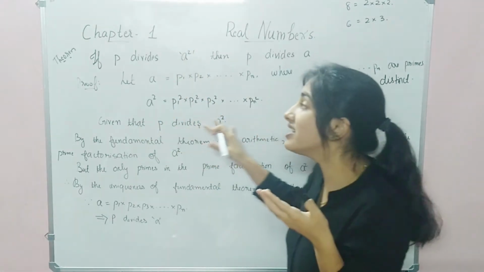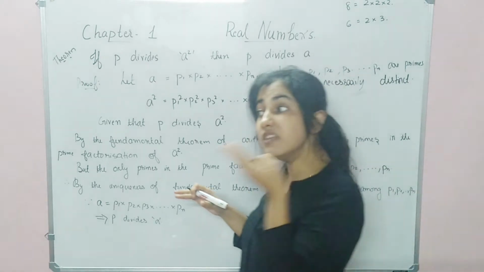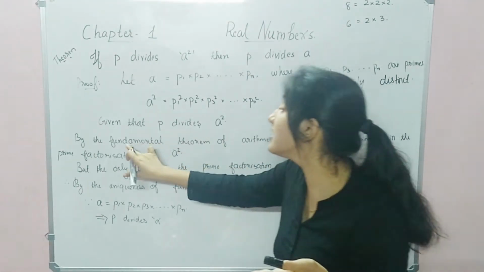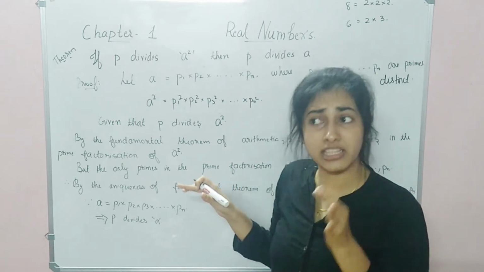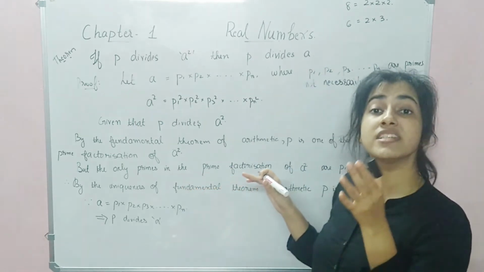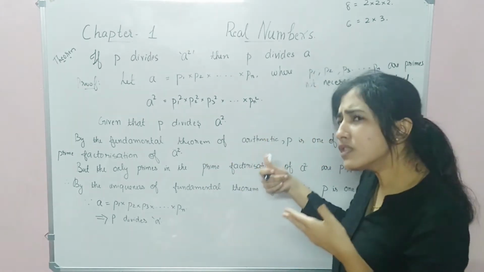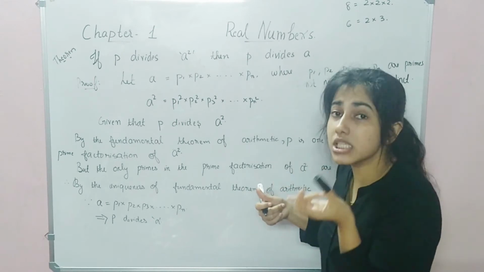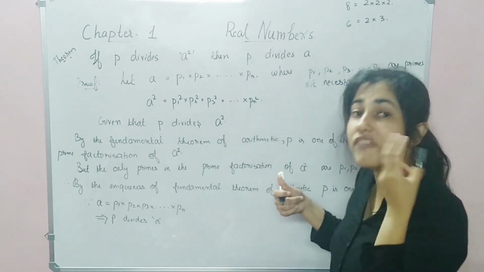So P divides A square means P is a prime factor involved in the prime factorization of A square by using the fundamental theorem of arithmetic. By the fundamental theorem of arithmetic, we know that any composite number can be written as a product of its primes. So, P divides A square implies P is a prime factor involved in the prime factorization of A square.